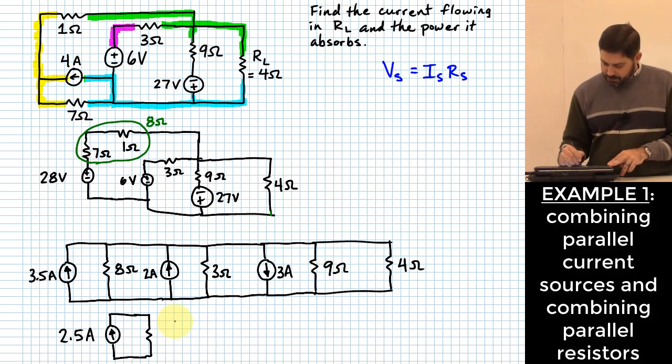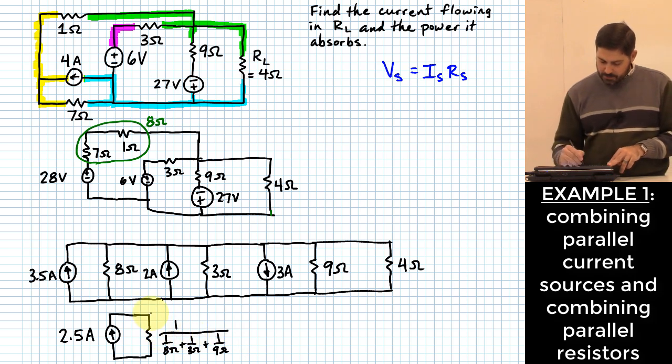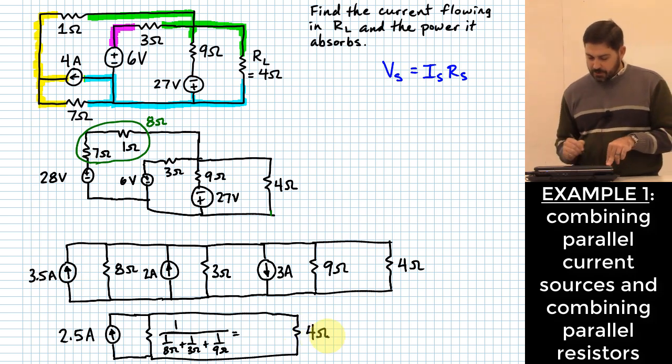This is going to be equal to 1 over 8 ohms plus 1 over 3 ohms plus 1 over 9 ohms, because I have all those resistors in parallel with one another. And then this is all going to be connected up to my 4 ohm resistor over here.